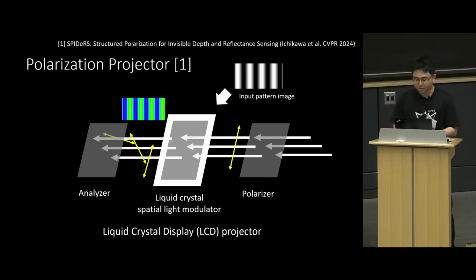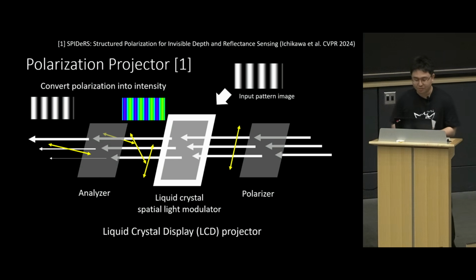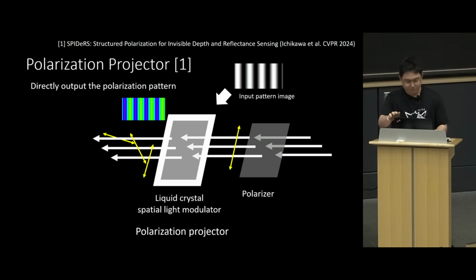The spatial light modulator rotates the polarization orientation at each pixel independently. Then the analyzer converts this rotated polarization into the intensity pattern corresponding to the input image. In fact, we already get the polarization pattern in this part. By simply removing the analyzer from the LCD projector, we can get the polarization projector, which can spatially control the AOLP of the emitted light.